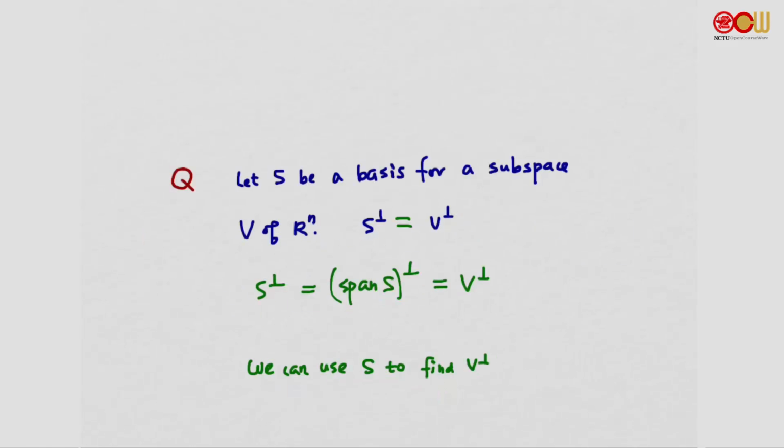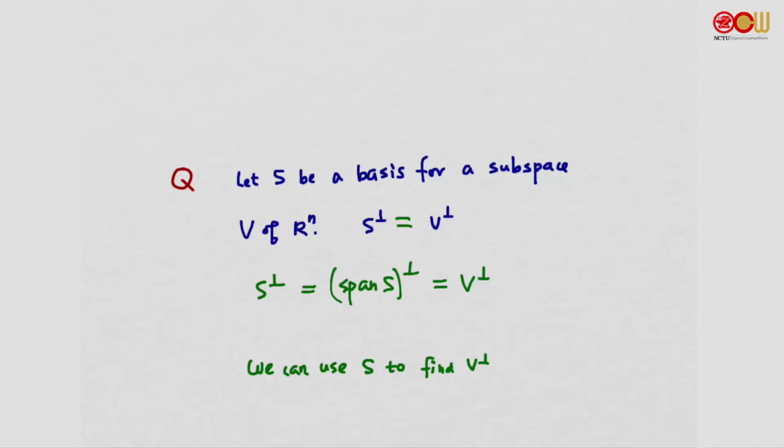So one direct effect of this is that if we want to find V perp, the orthogonal complement of a subspace, we can instead find S perp. And finding S perp is usually easier. Why?